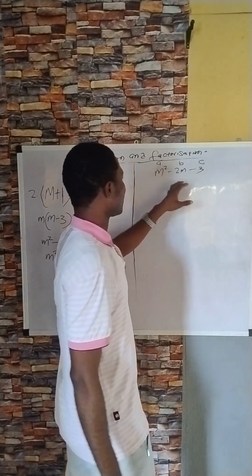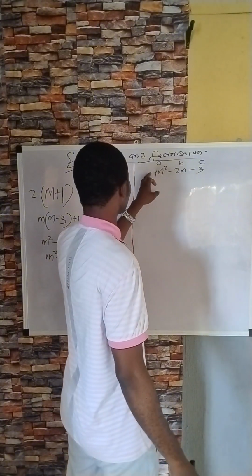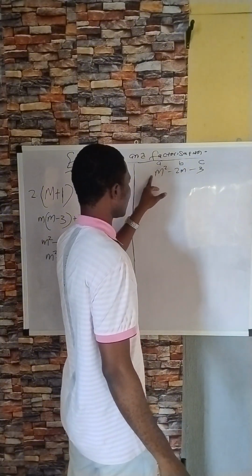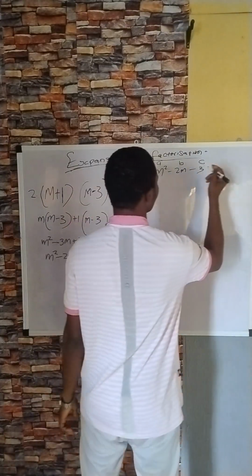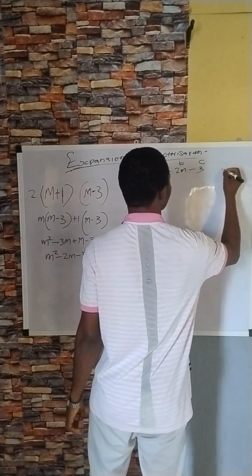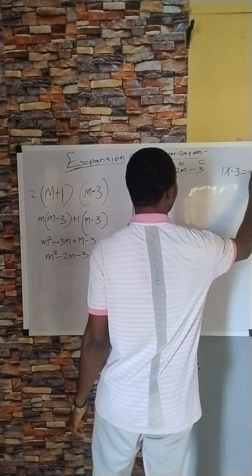If you would agree with me, a quadratic equation always has c as a constant. So use the coefficient of a to multiply the c. When you do that, you will get 1 multiplied by minus 3. 1 times minus 3 will be equal to minus 3.